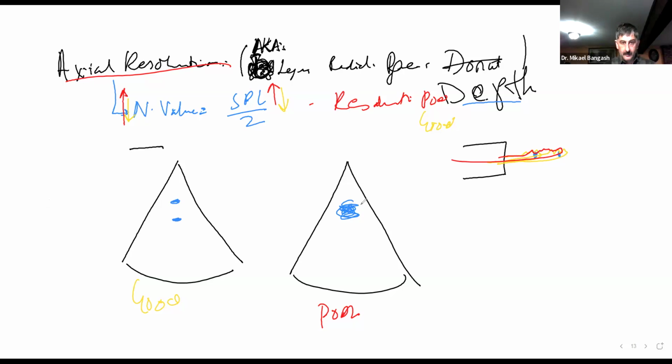This poor axial resolution mainly caused these two reflectors here to not be shown as two distinct reflectors, but as one, because of a poor axial resolution, also called longitudinal, radial, range, or depth resolution.